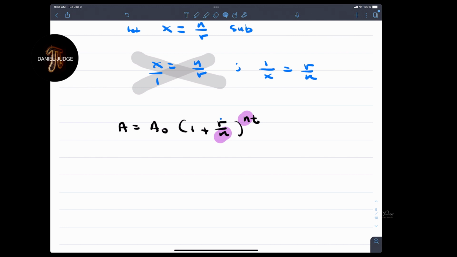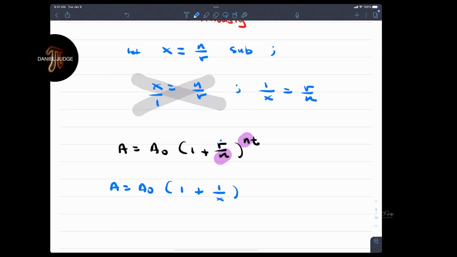Now, what that means here is the amount we have is A naught times 1 plus, this becomes 1 over X. Now, this also means if I solve for N, if X is N over R, this means N is X times R. So this portion here is 1 over X, and this portion here is XR. So we get XR and T now.